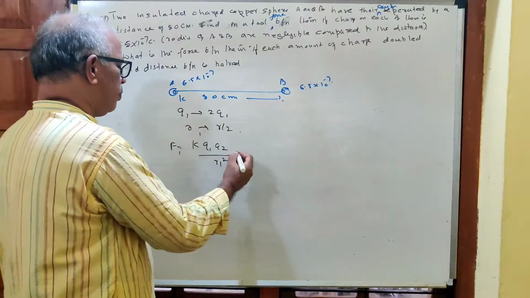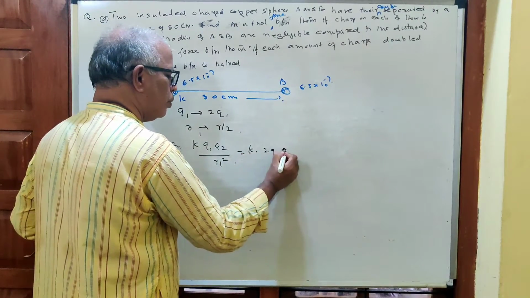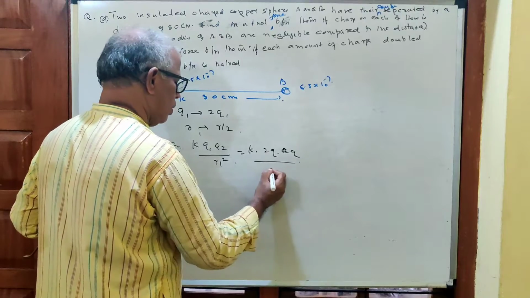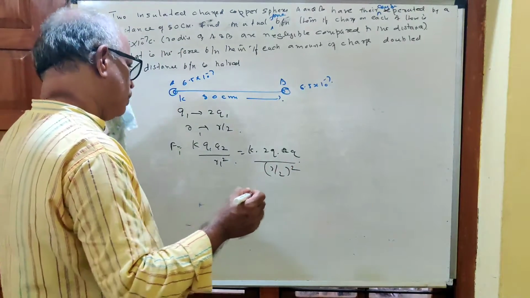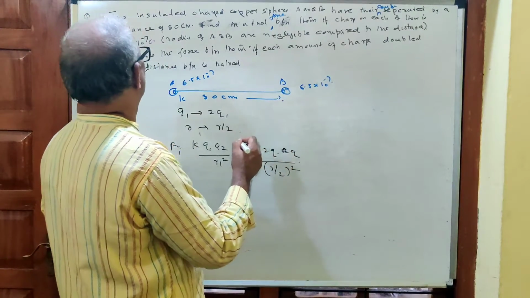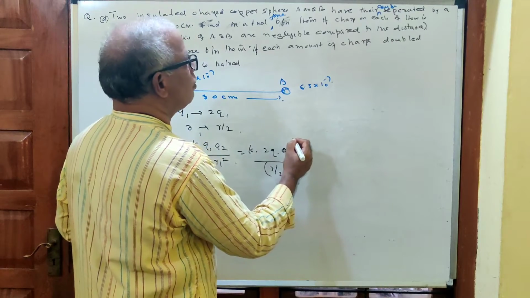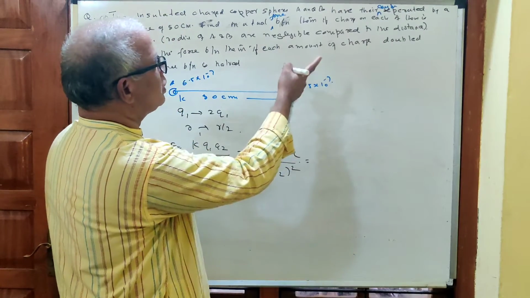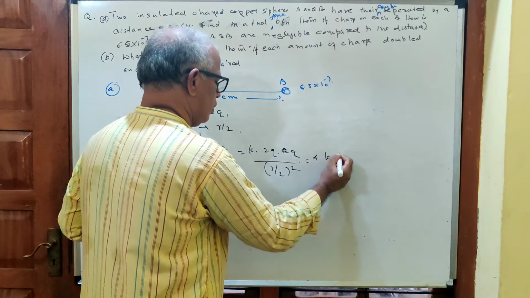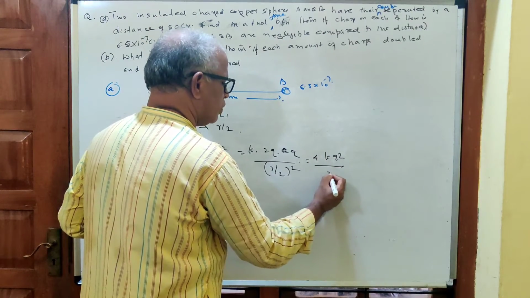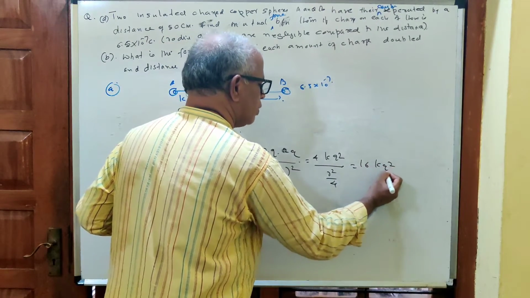That is K into 2Q into 2Q by R by 2 the whole square. So 4KQ square by R square by 4, that is 16KQ square by R square.